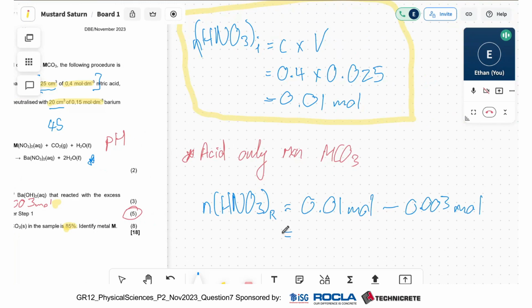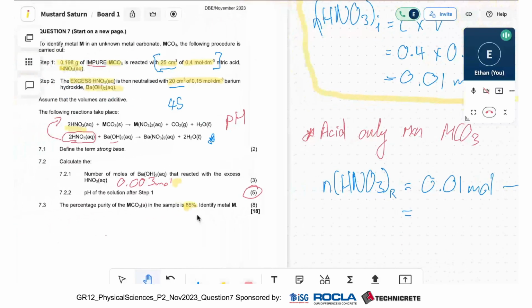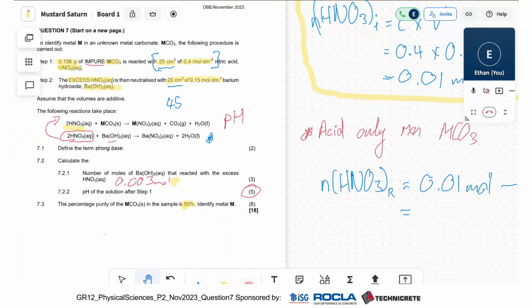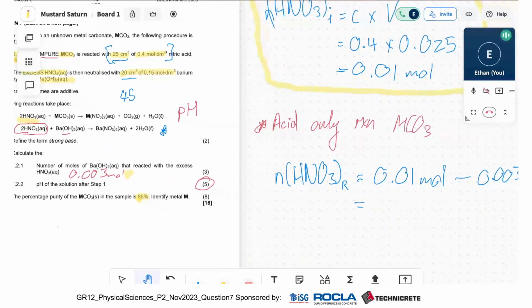And subtracting these two, or rather, sorry, not the 0.003. You need to figure out this, we multiplied by 2.